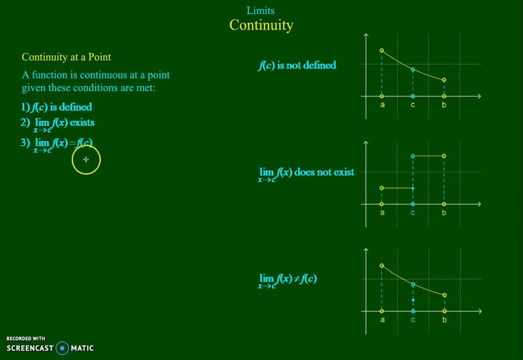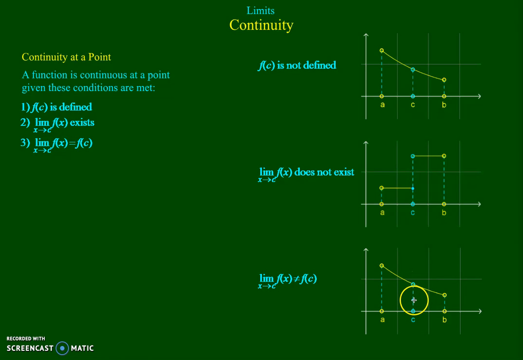And the third property is that the limit as x approaches c of f of x has to equal f of c. And here we can see in this third case that even though f of c is defined just as it is here, down here f of c is defined, and here f of c is defined here, the function is still discontinuous because the limit as x approaches c of f of x is up here, not down here where it's defined.